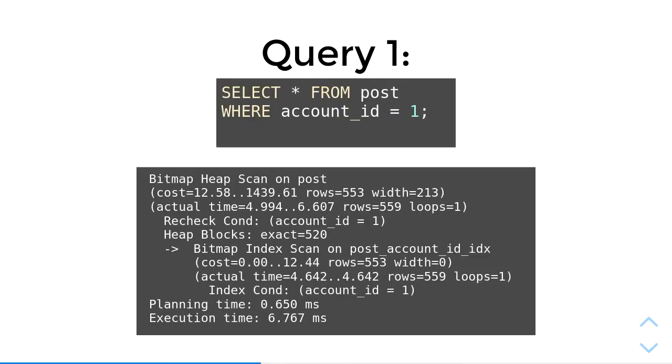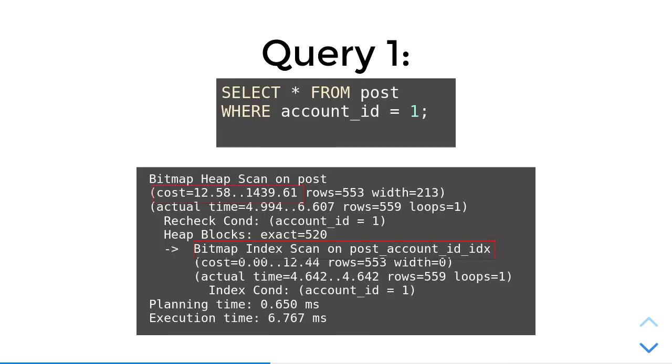Then it will do a bitmap heap scan, which takes that index scan result and actually goes through the data and picks up the pages. So we see here that now our cost in total for our query is 1,439, where previously it was 4,379.